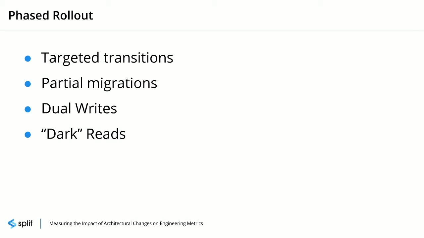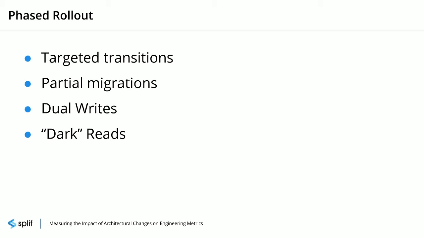So by following this phased rollout method, it gives you the ability to do these targeted transitions, first for a test organization, for beta customers, maybe for the customers that are the least risk averse and willing to work with you in the case where any issues occur. It allows you to make those migrations at a small scale and make sure that everything works.